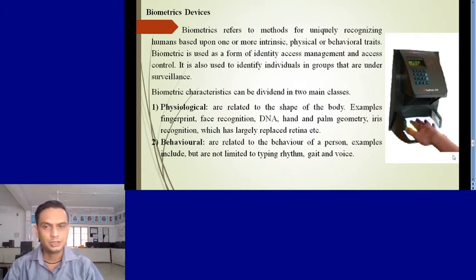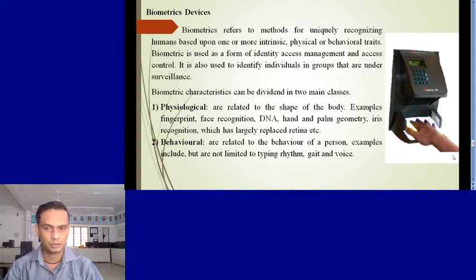Biometric characteristics can be divided into two main classes, that is physiological and behavioral. Physiological are related to the shape of the body, for example fingerprint, face recognition, DNA, hand and palm geometry, iris recognition, which has largely replaced retina, etc. Means our physical identification can be made by a biometric device.